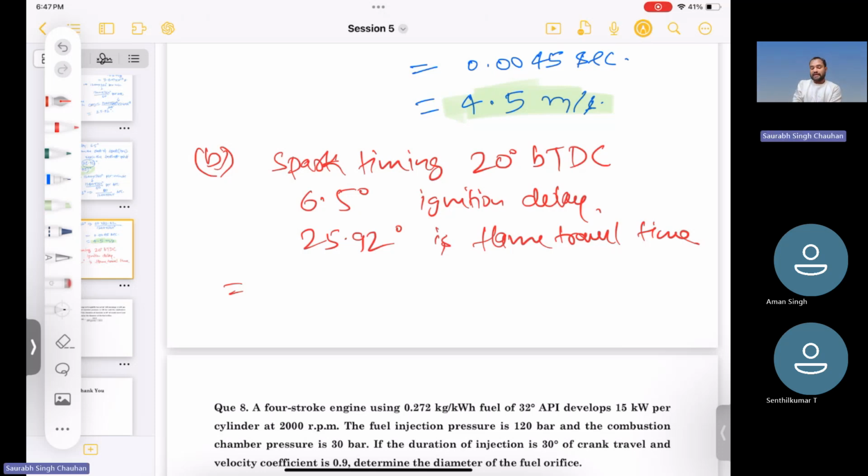So everything you can write in terms of degrees, and instead of before TDC, let us write it in after TDC. So in terms of after TDC, it will be minus 20 degrees after TDC.